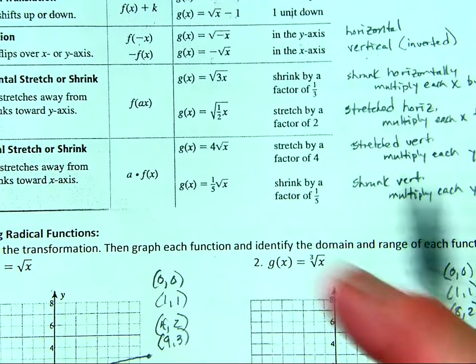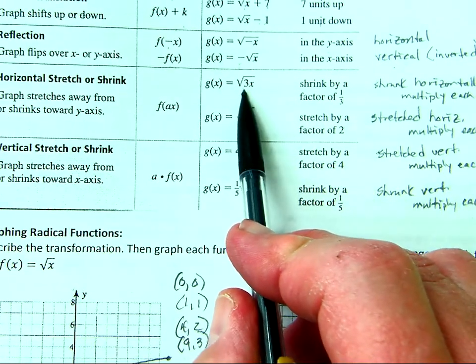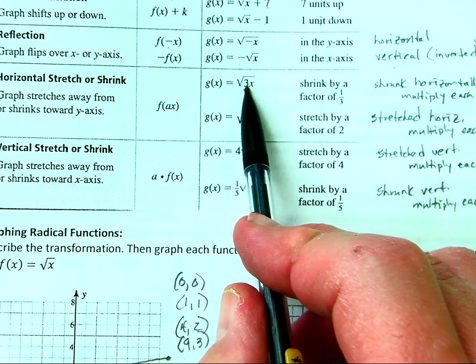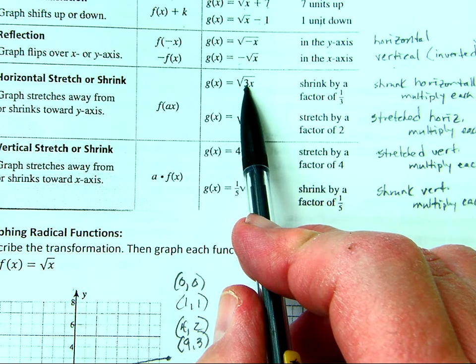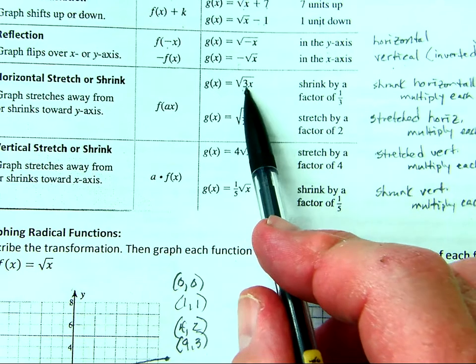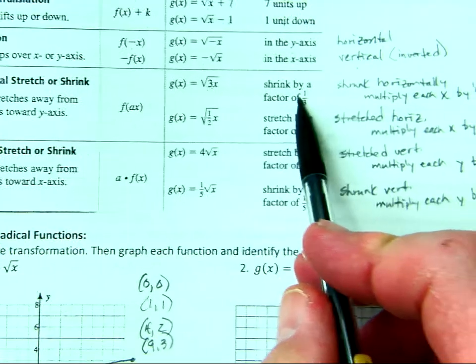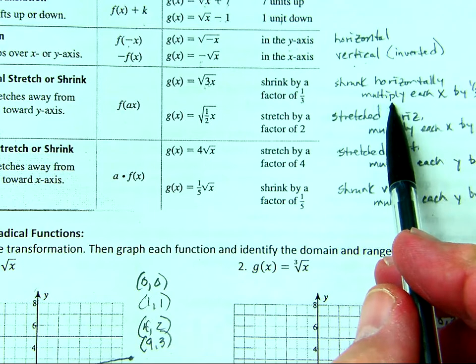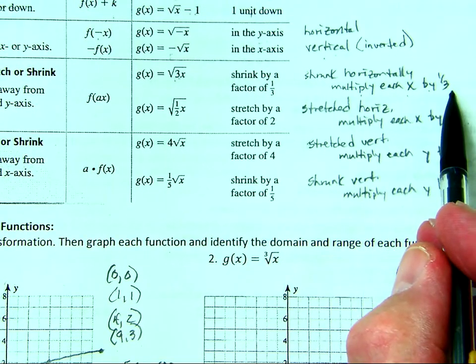Now these next ones, they don't happen very often. If there's a number multiplied in with the x, like here a 3x, when it's in with the x, we always think kind of opposite. So when there's a 3 in there, that's actually shrunk by a factor of 1/3. So that's shrunk horizontally. You would take every x coordinate times 1/3 to get your new point.